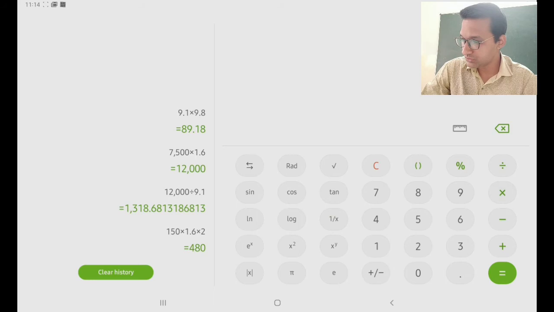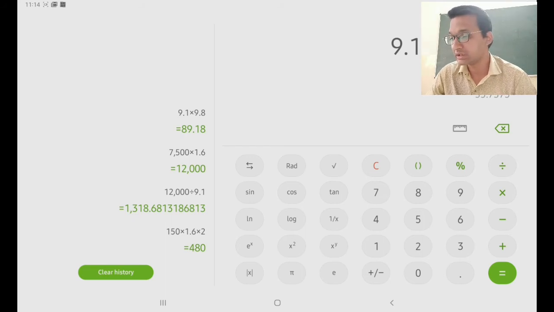9.1 into 9.8 will give us 89.18, and we will have to divide this by 1.6, so we will get 55.73 and 7. That means you can take 55.74.